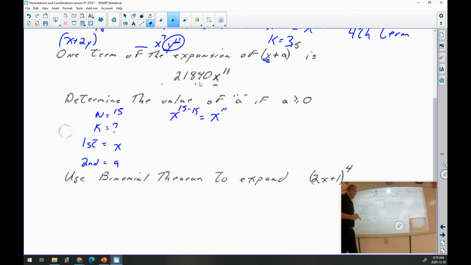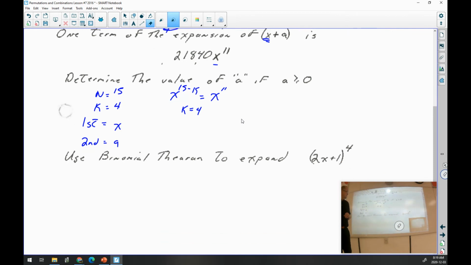So just by looking at this, we can see k is equal to 4. Now, we are looking for the 5th term, but that's not really what the question worries about. Now, by finding that k, by a little bit of inspection, we can use the binomial expansion to figure out what a is.